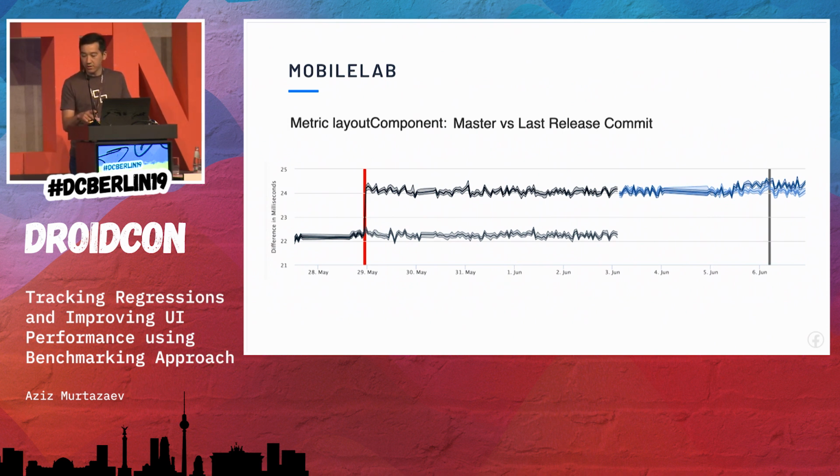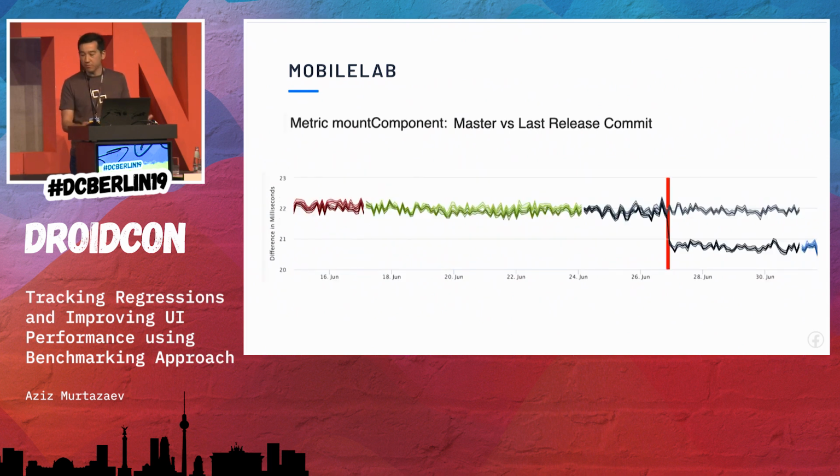The one above is the current master, and the one below is the last release commit. So whenever something changes, we know that compared to last release, something has regressed. Or we can also find improvements.